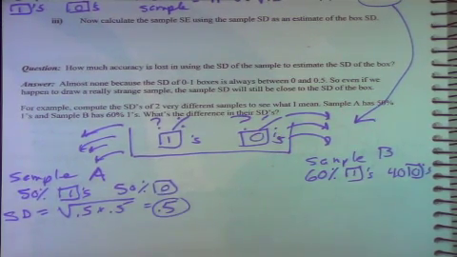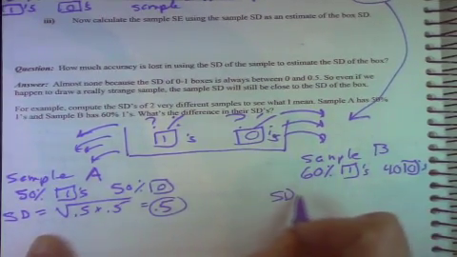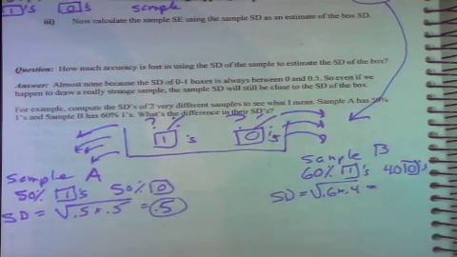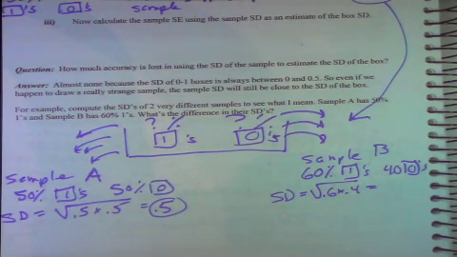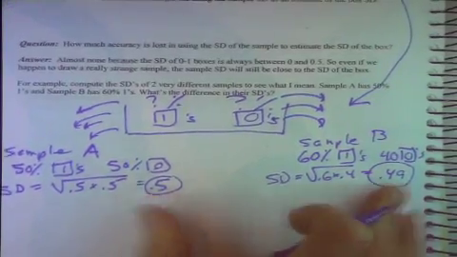The square root of 25 is 5. And this one, the 60/40, is the square root of 0.6 times 0.4, the square root of 0.24, which is almost the same thing. It's like 0.49. They're extremely close. So you don't have to worry about it very much.